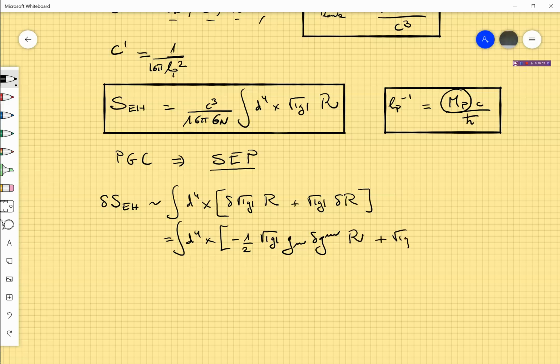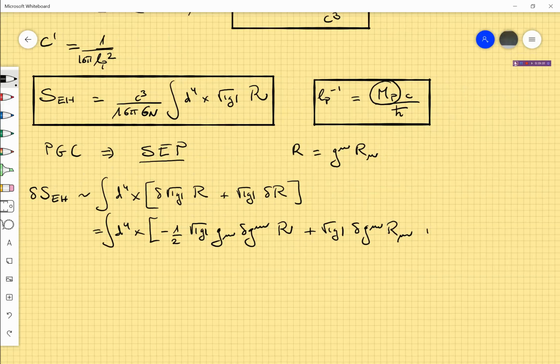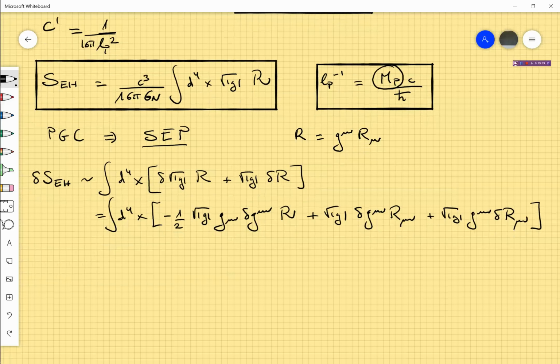Then plus the square root of g, and remember that R is g mu nu R mu nu. So we have delta g mu nu R mu nu plus square root of g times g mu nu delta R mu nu. Let me collect the terms that are immediately proportional to delta g mu nu.